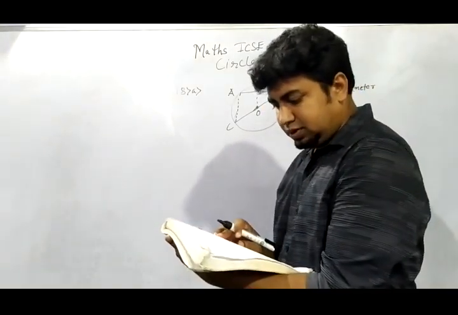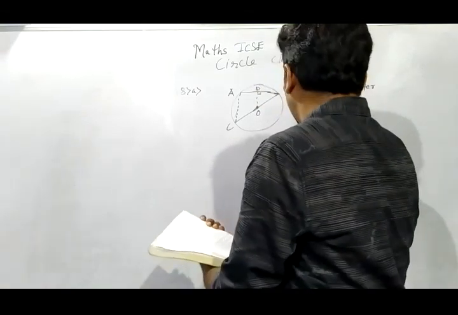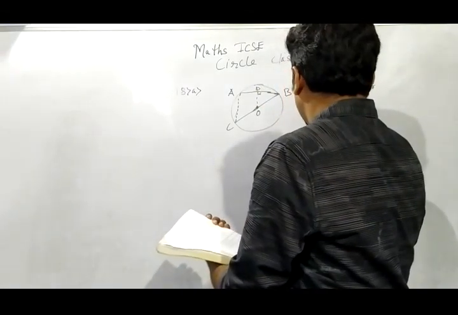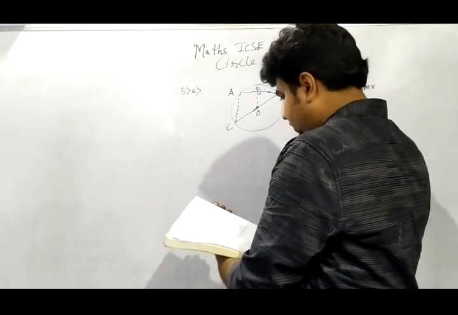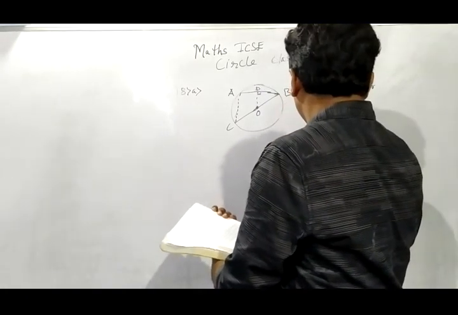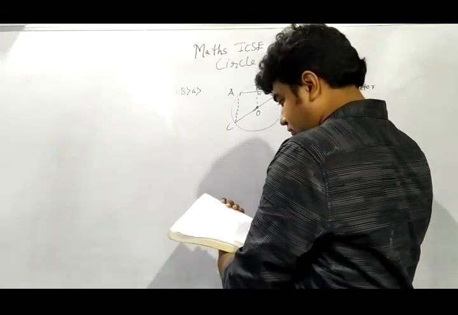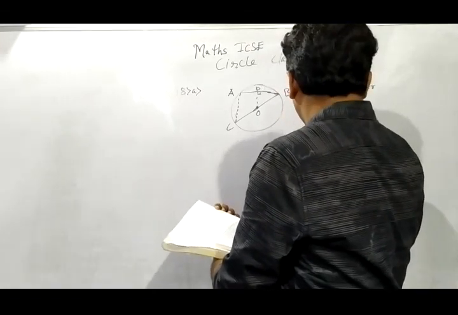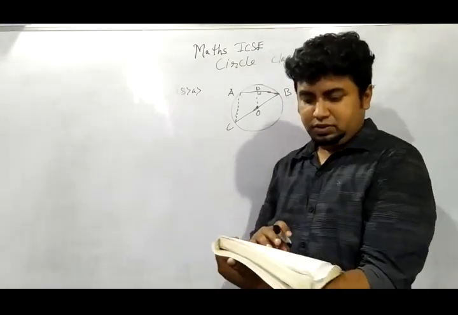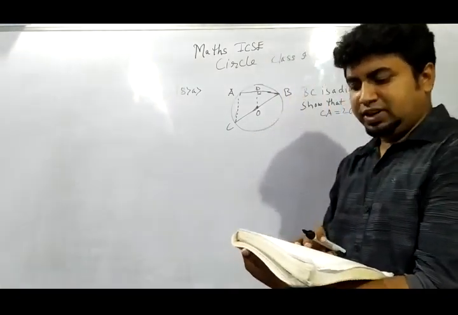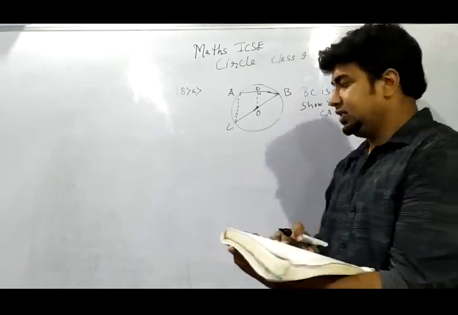Now in the question we have to prove that CA is equal to twice OD. From here we can see that BC is the diameter.